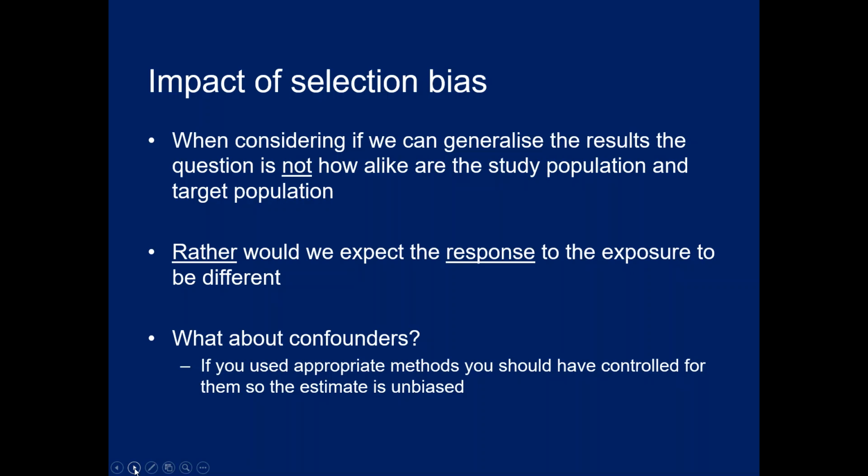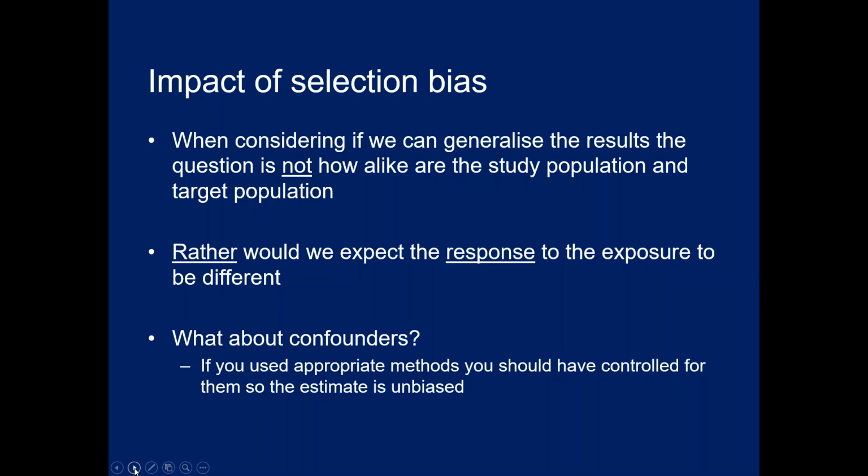That's first and foremost. And then the other component that we need to think about is we often sort of will say, well, say for example, we are looking at how an opioid worked, and the study was done in animals undergoing orthopedic surgery in the UK, and we're wanting to apply them to New Zealand. Now, the question is not how alike are New Zealand dogs undergoing orthopedic surgery to British dogs undergoing orthopedic surgery and getting morphine.